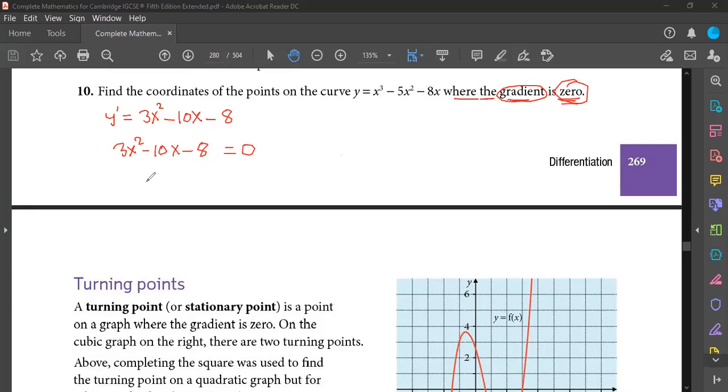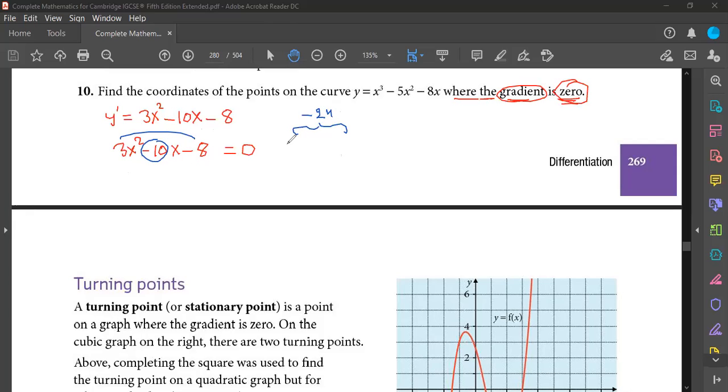Can we use the general formula or factorizing? Which is easier for you? Factorizing. How do we factorize this? We multiply these, that's negative 24. Give me two numbers which multiply to negative 24 and add to minus 10.